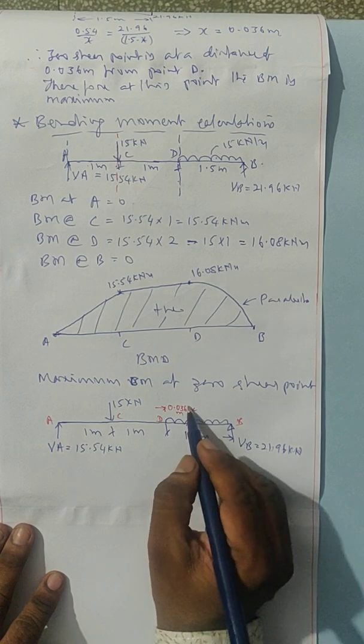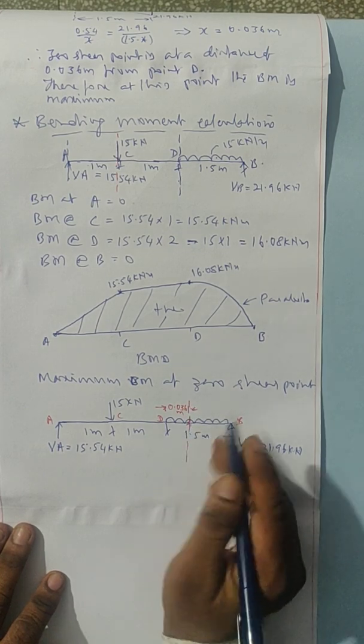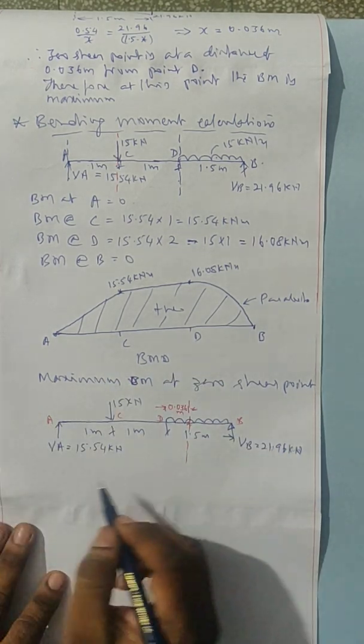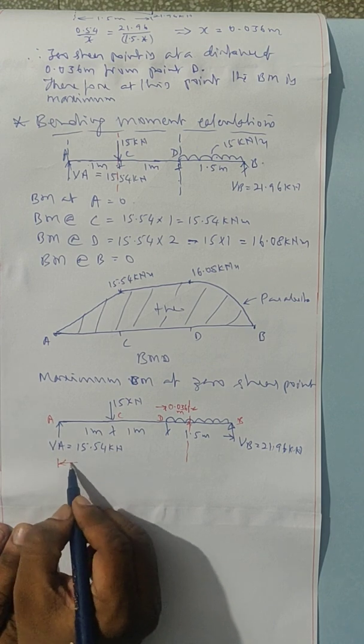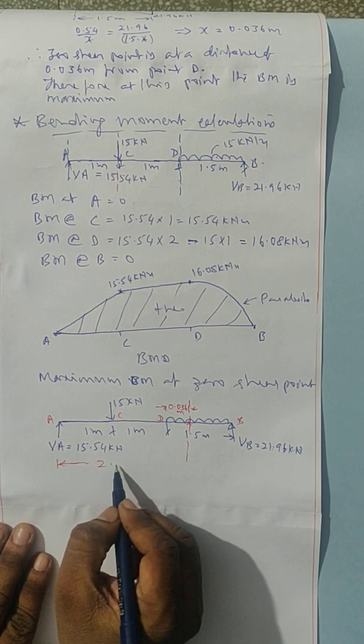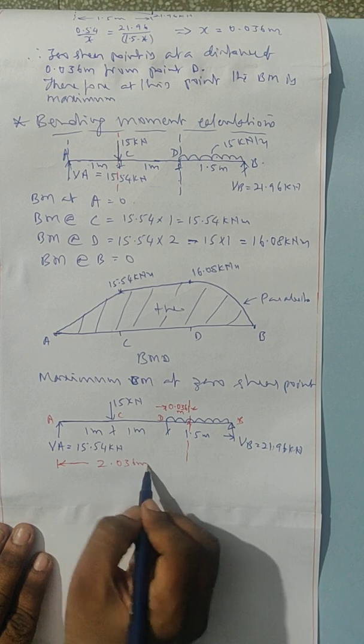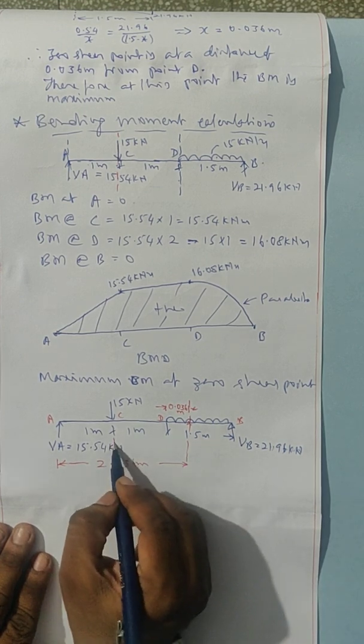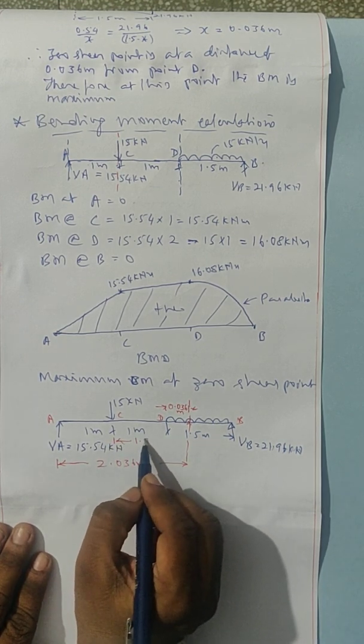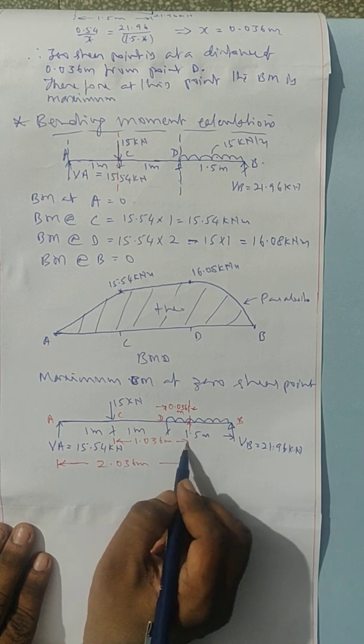We have to calculate the bending moment at this section line considering all the forces to the left. Therefore from here to here the distance is 2.036 meter. From here to here 1.036 meter.